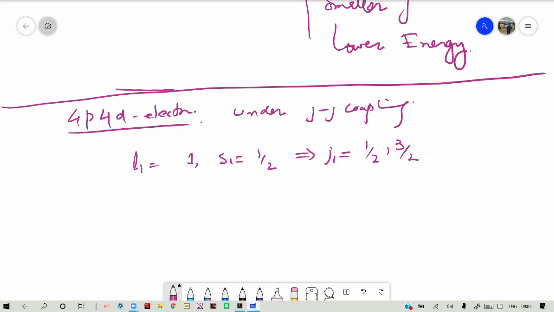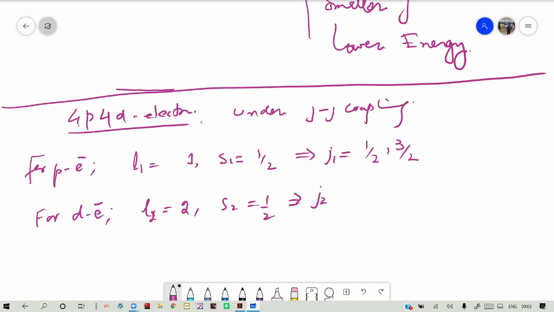Is it okay? This is for the p electron. For the d electron, L2 is 2, S2 is again half, which gives J2 as 3 by 2 and 5 by 2. Now there are two electrons.